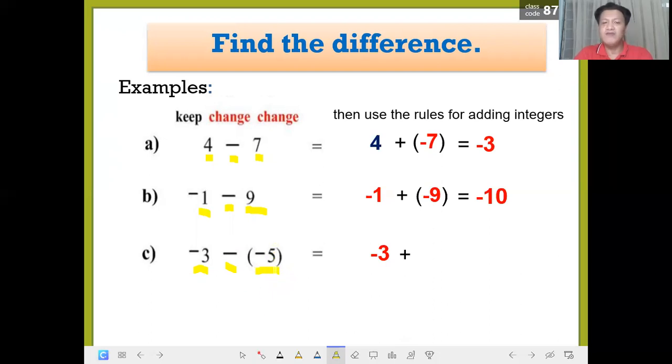If this is negative 5, pag change mo yan, magiging positive na siya. And then proceed to addition rule. Take note, this is addition of integers with different signs. So isusubtract lang natin, then copy the sign of the integer with greater absolute value. Kaya negative 3 plus 5, pwede siyang sabihin na 5 minus 3. Parehas lang yun. So that is equal to 2 or positive 2.